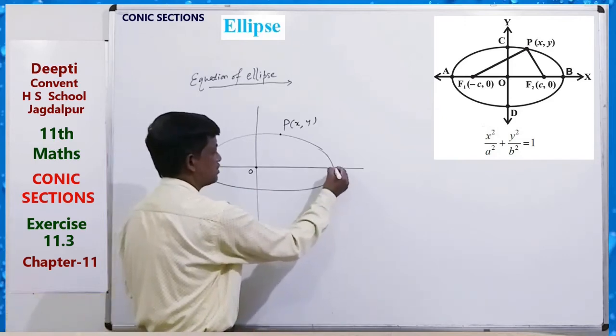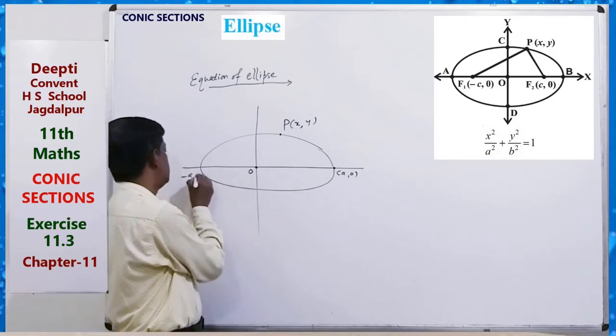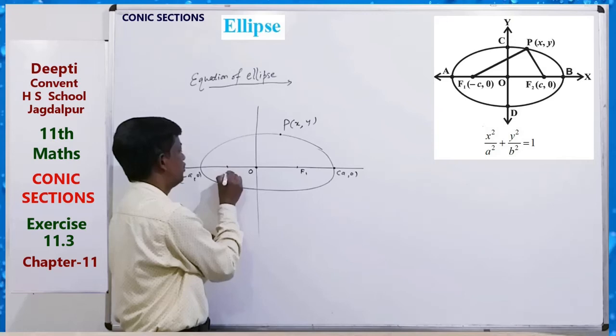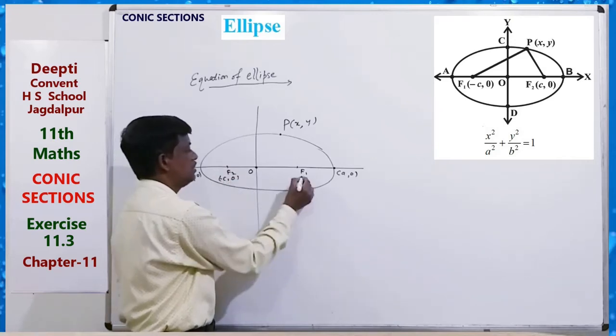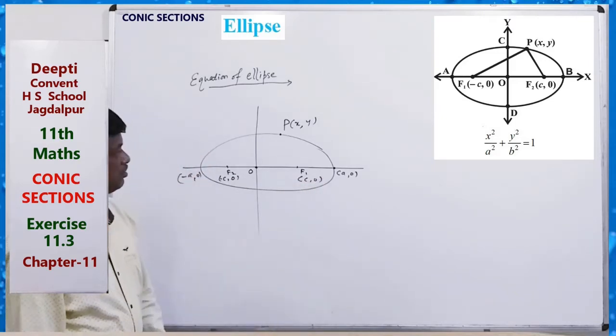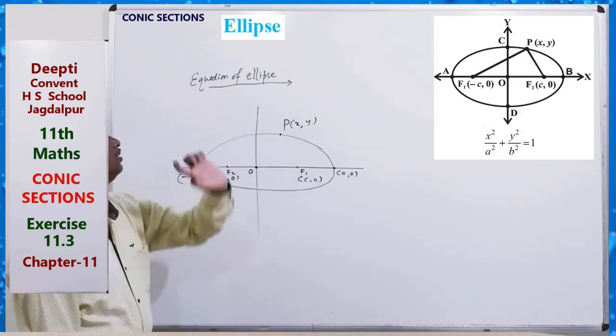And this is vertex a, 0, we know. This is minus a, 0. This is focus F1, focus F2. What? c, 0 and minus c, 0. Clear?